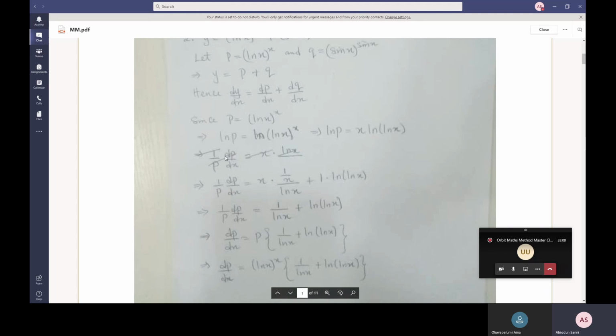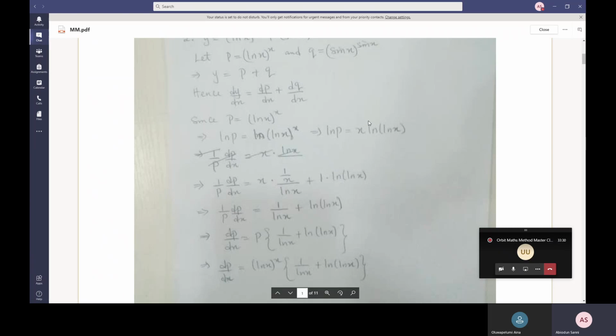Now, how do we differentiate? ln p is 1 over p dp/dx, right? Yeah. So I've cancelled this part. As you can see, x, which is our u, times dv/dx.